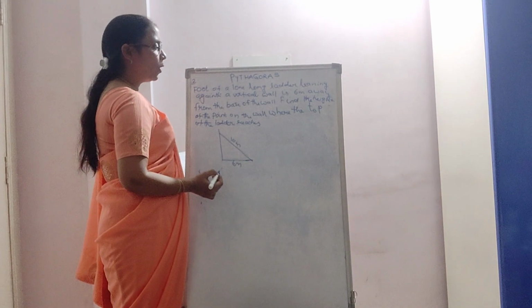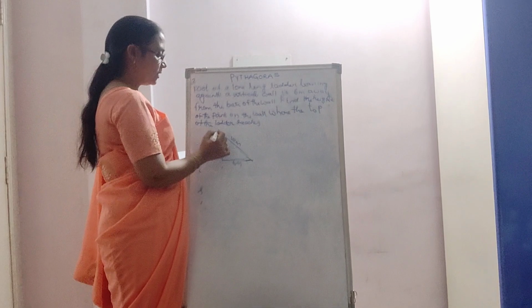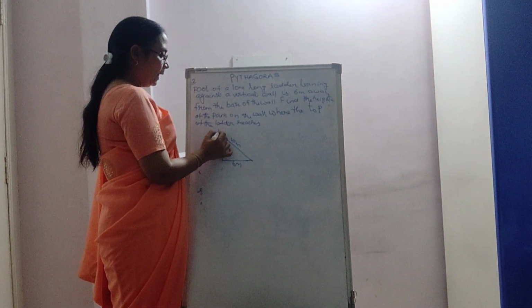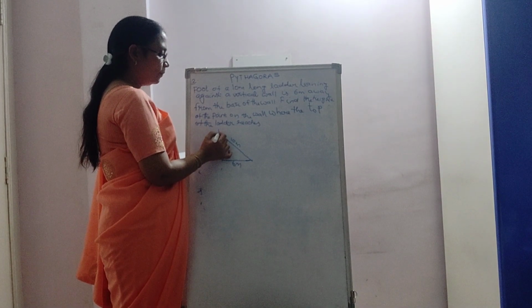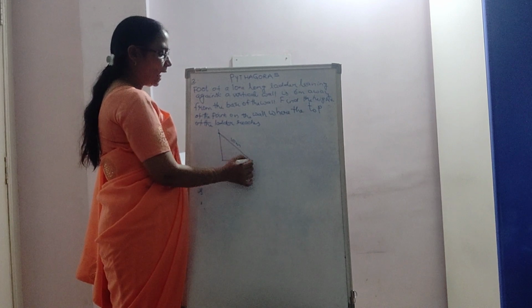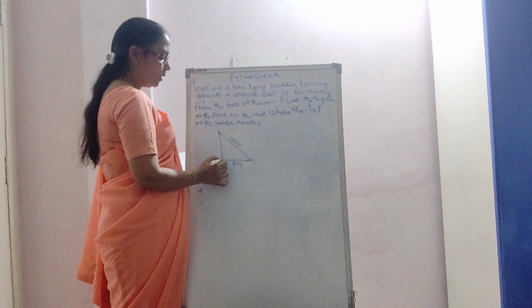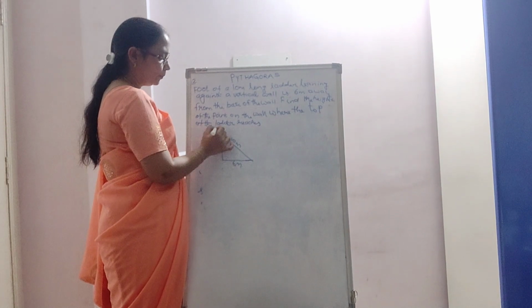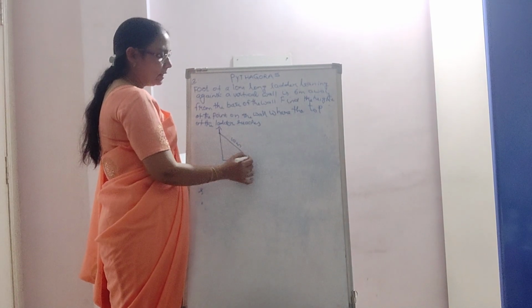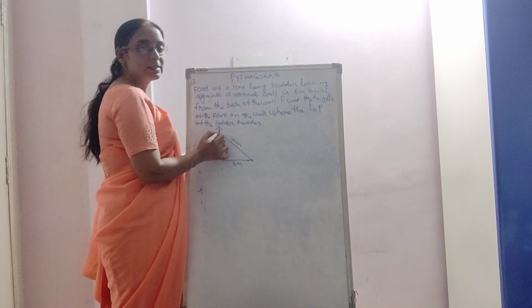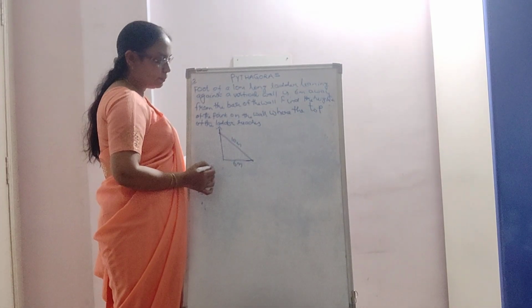Find the height of the point where the top of the ladder reaches. This is the top of the wall. This is top of the ladder. This is reaching at the point of the wall, vertical wall. And this ladder is leaned against this wall. When it is leaned against this wall, it is reaching at this point.